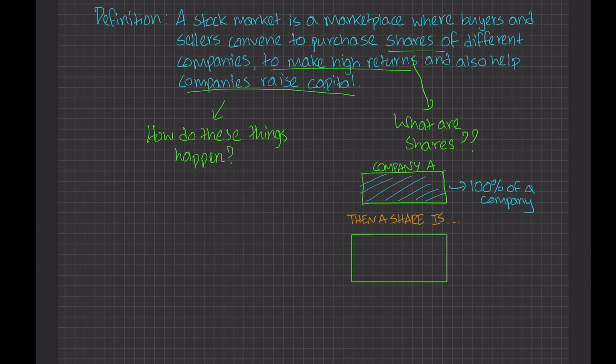It represents some ownership, but it's very minute. And we can show this ownership by shading it in orange, and that's your share. Again, this is a very, very small piece of ownership, and this can be about 0.0000001%. It can become very, very small.